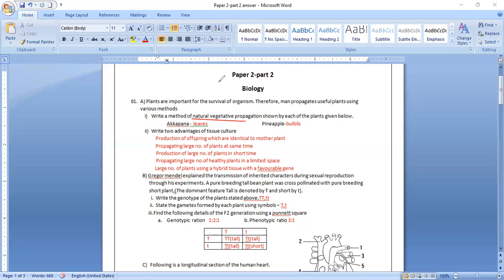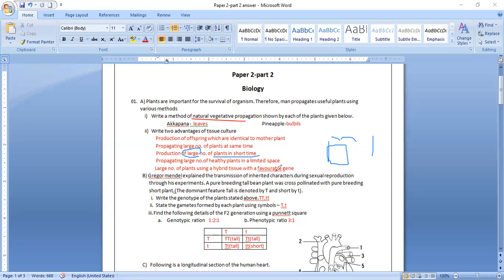Then what else? Next one, you can say they have plants in a short time. With less time, we can have a large number of plants, right? And also within a limited space, we can have a healthy plant. Okay, then by using hybrid tissue with favorable genes, we can make a favorable plant or species.